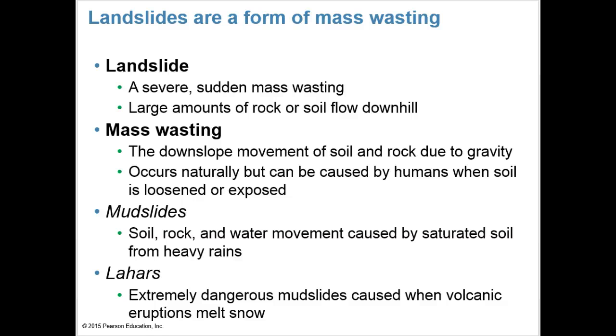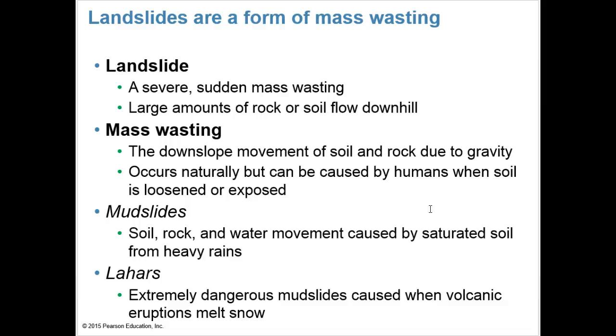Landslides are another occurrence on Earth. They're a form of mass wasting. A landslide is a severe sudden mass wasting with large amounts of rocks and soil flowing downhill. Mass wasting is the downslope movement of soil and rock due to gravity. It occurs naturally, but can also unfortunately be caused by humans when we loosen soil and expose it.